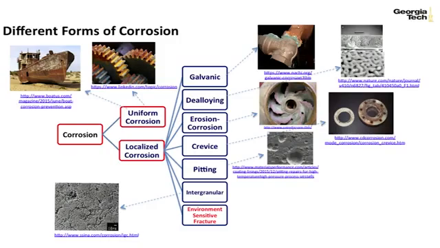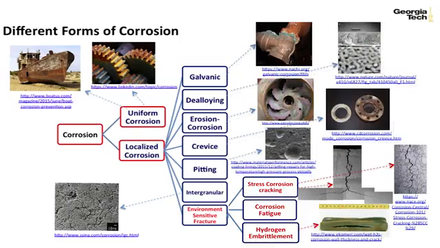Now, if stresses are involved, you can have a phenomenon called environment sensitive fracture, or premature failure of material under applied or residual stresses. If it is monotonic stress, you can get stress corrosion cracking. If cyclic stresses are applied, you can have corrosion fatigue.